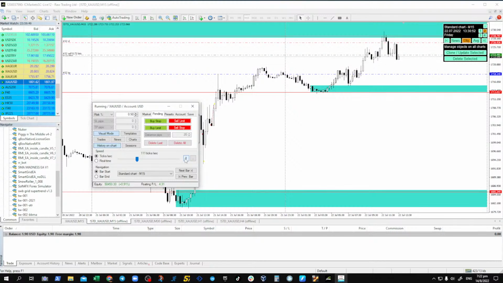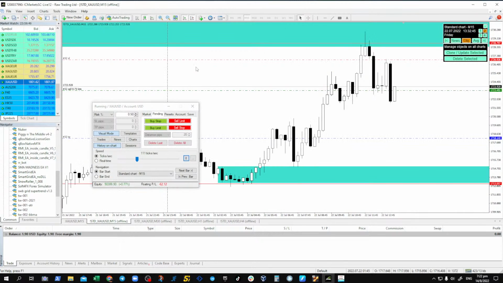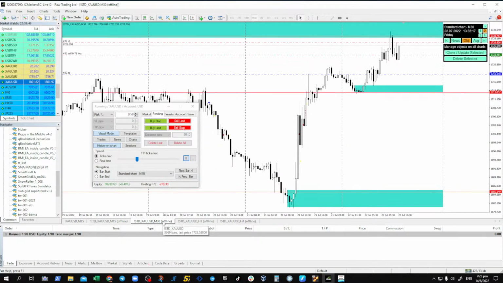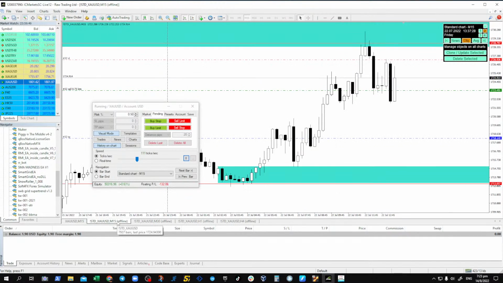Got tagged into the sell. Zoom up a little bit. Actually, it's a good setup on both M30 and also M15.